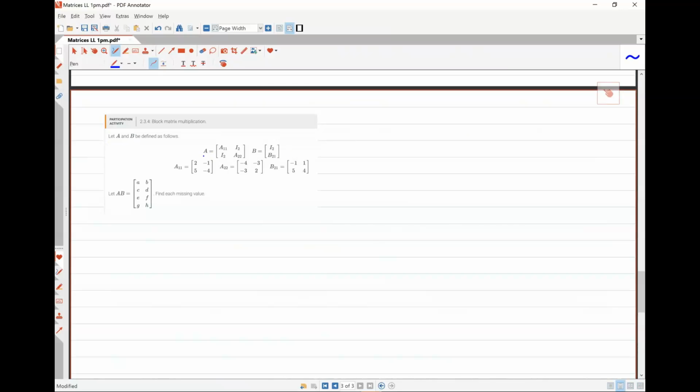So we have these two matrices A and B, and the idea is that they are comprised of submatrices, these little blocks, and bits of them are identity matrices. Right? So I2 is 1, 0, 0, 1. And if we want to find the product of A and B, we could, if we wanted to, fill these things in. So A11 is 2, minus 1, 5, minus 4, then 1, 0, 0, 1.